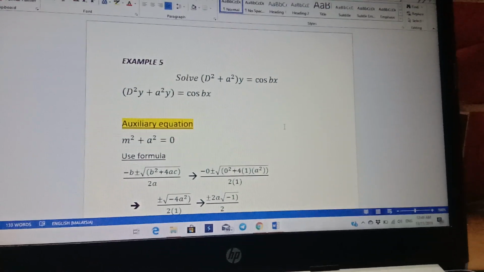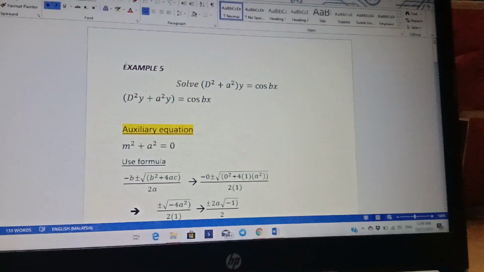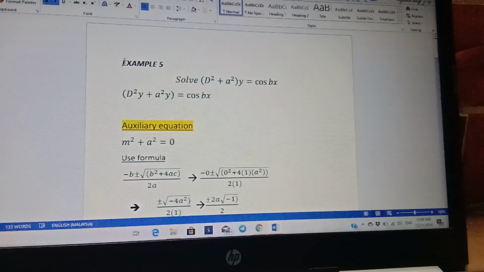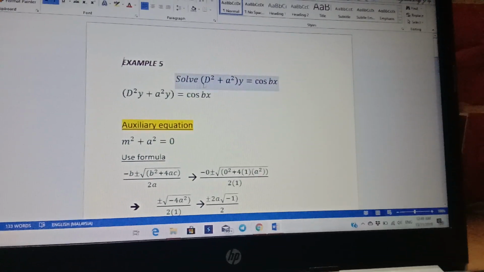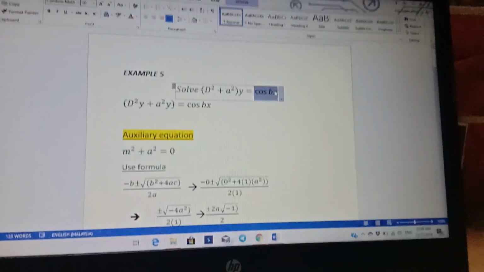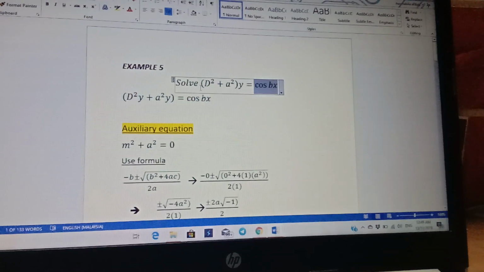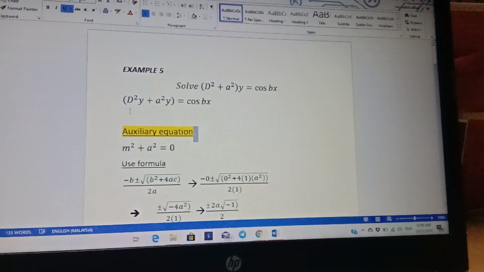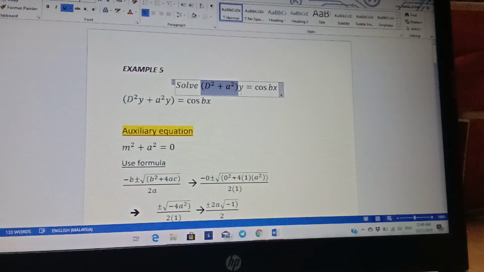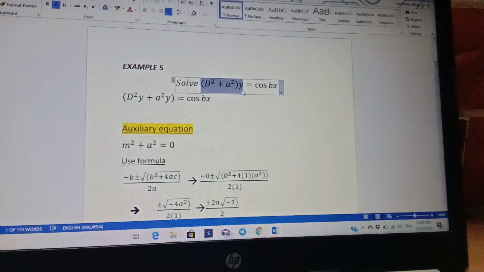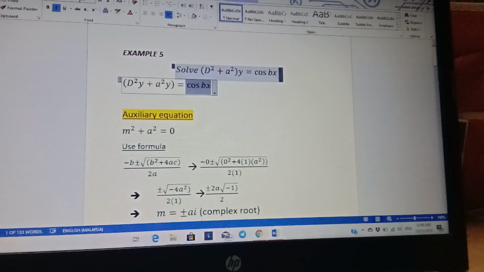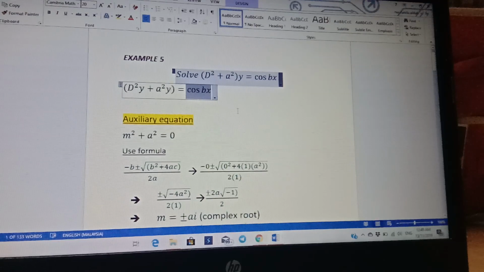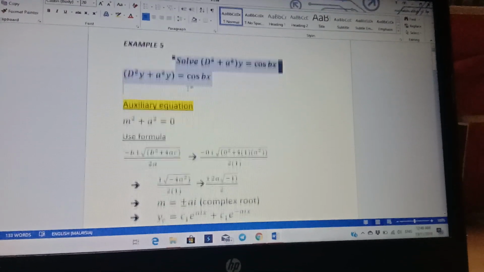So now we move to example 5, which from the notes is the last theorem, which has a trigonometry function. Looking back, from this equation I expand it and I get D squared y plus a squared y equals cos bx, which is trigonometry.